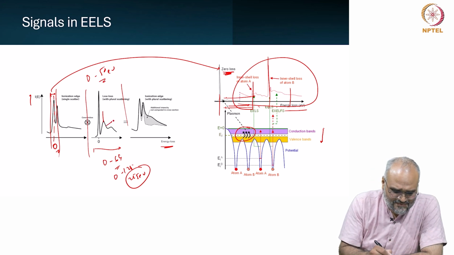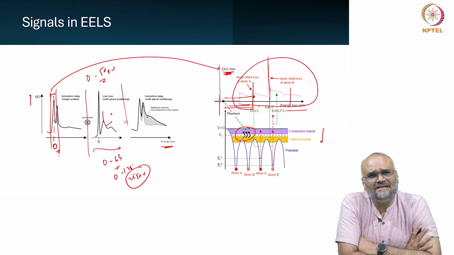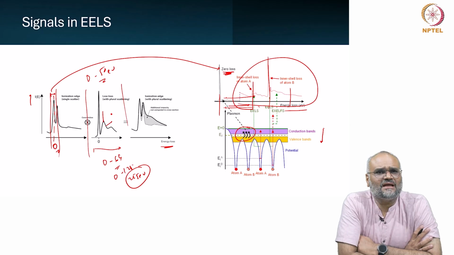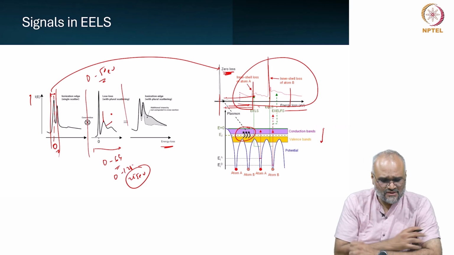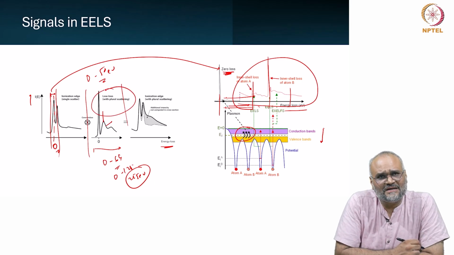From this bulk plasmon signal, I can determine the inelastic mean free path, and I can also compute the specimen thickness. So these are the typical signatures I get from the low loss spectra.